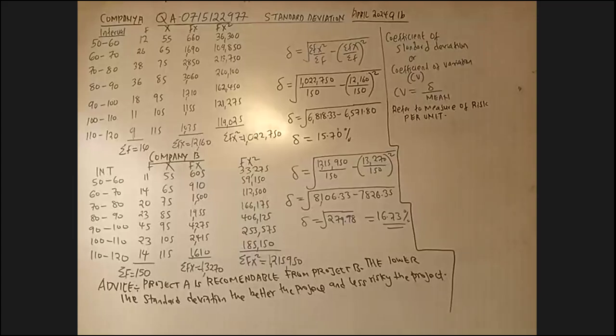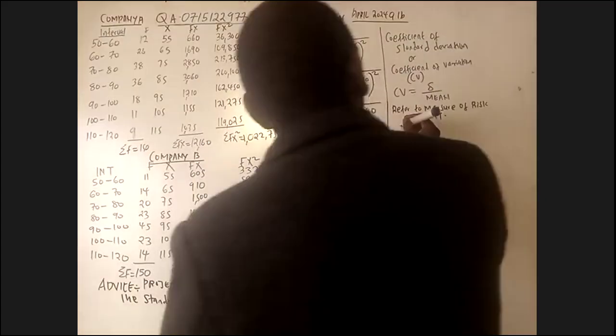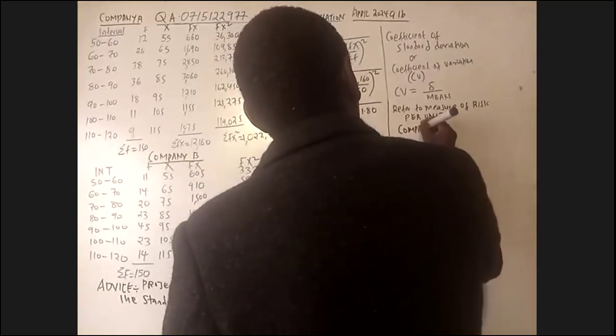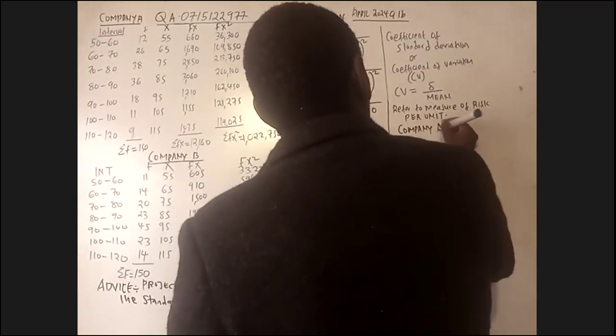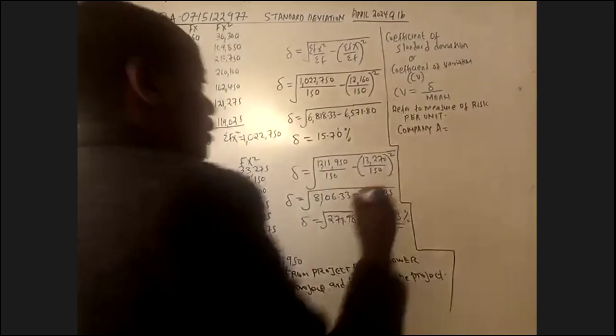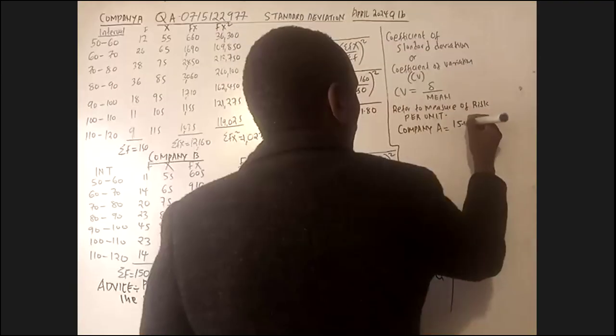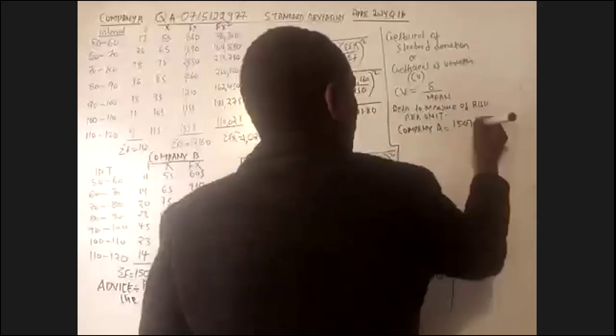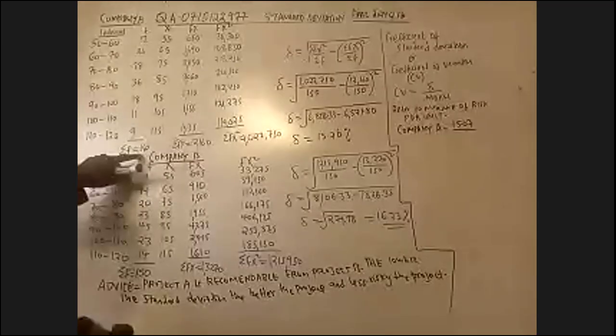Now in this case, company A. What's our standard deviation for company A? 15.07. We divide by the mean.